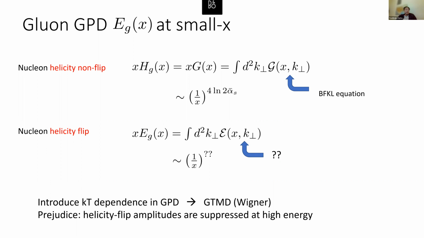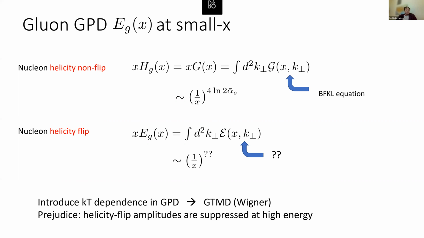For the helicity non-flip GPD, the GPD H, the answer is well known, because in this limit it is basically the same as the unpolarized gluon PDF, and we know this unpolarized gluon PDF behaves like 1 over x to some power, this famous number 4 times log 2. That's called the BFKL Pomeron, because the TMD for this unpolarized gluon satisfies the BFKL equation, and the solution of the BFKL equation is well known.